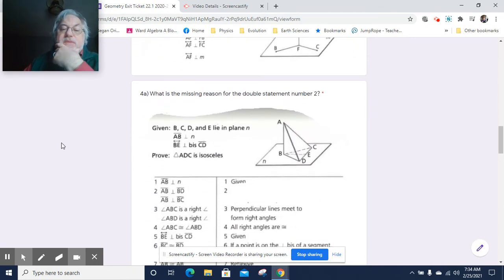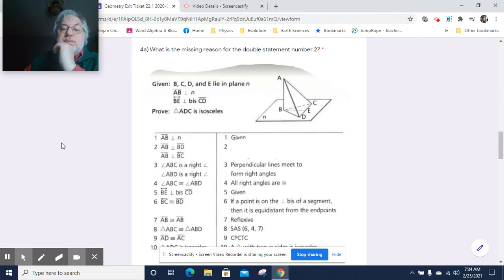So what is the missing reason for the double statement in number 2? So the double statement here, on our way to proving that triangle ADC is isosceles, is that AB is perpendicular to BD and then also to BC.